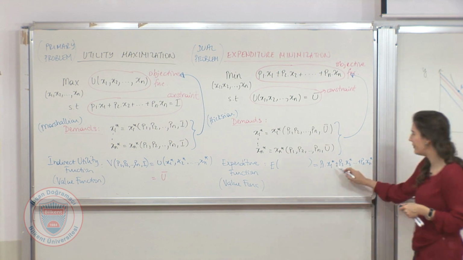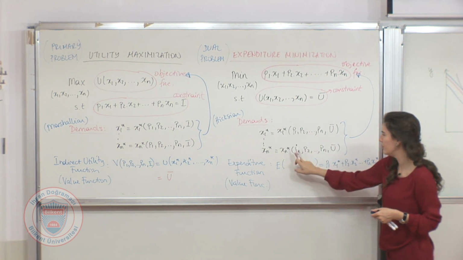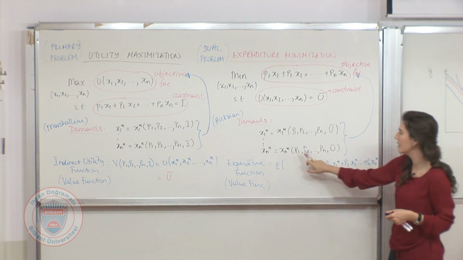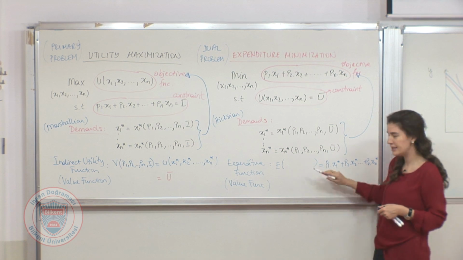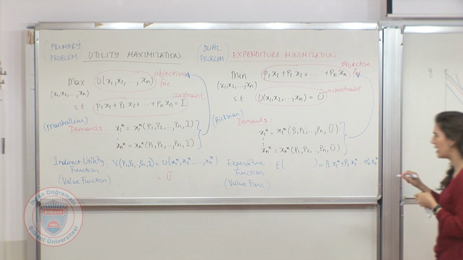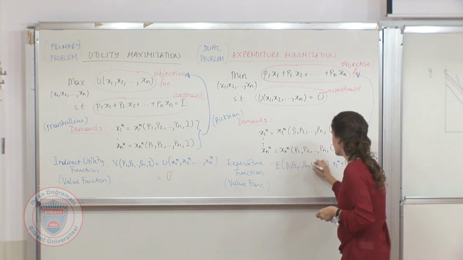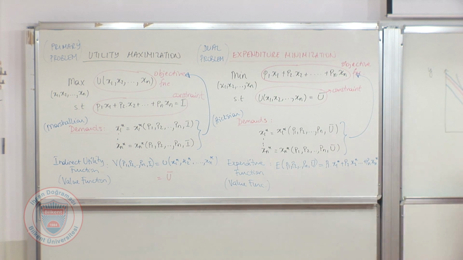If I plug in x1, which is a function of all these guys, x2, which is a function of all these guys, xn, which is a function of all these guys, this is a function of what? Prices and utility, right? So just keep this in your mind. Okay, so this will be important. So this is basically the expenditure function.